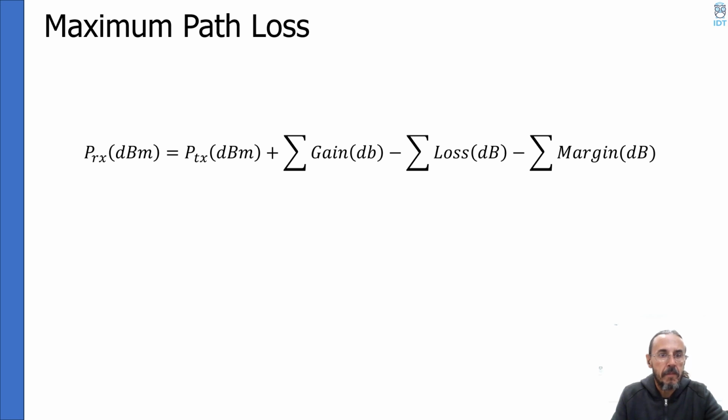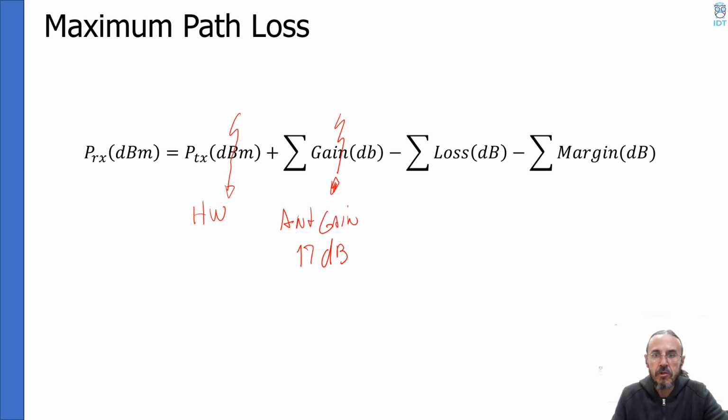So the reception power is equal to the transmission power, which is a hardware issue. Since you are doing this project, you will know this value. There is also the summation of gains on the system, for example, antenna gain. That is something about, let's say, 17 dBs.